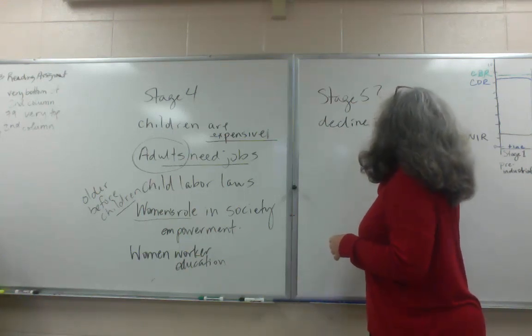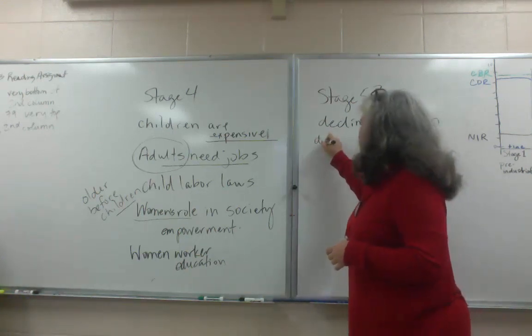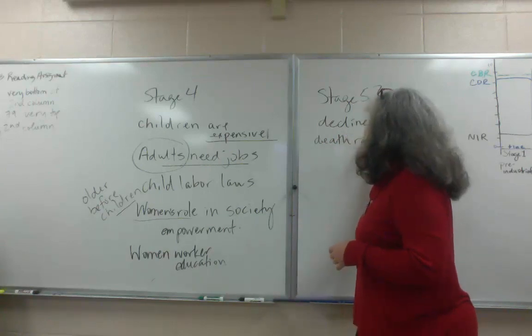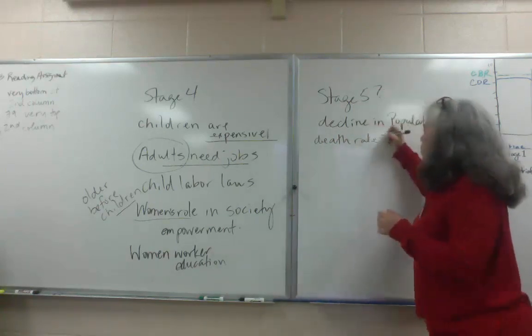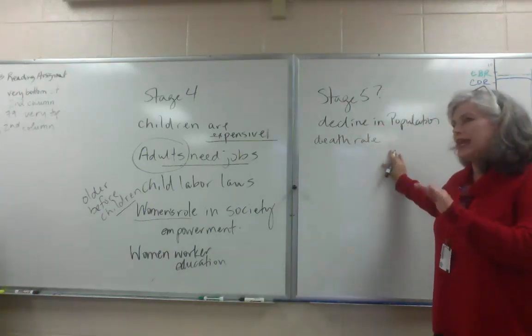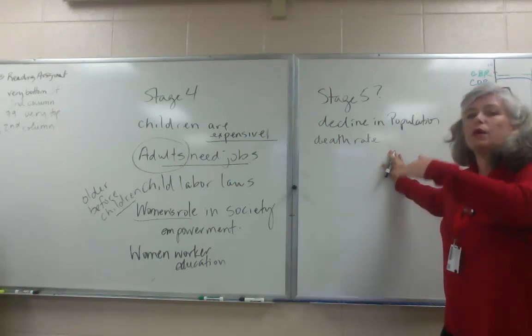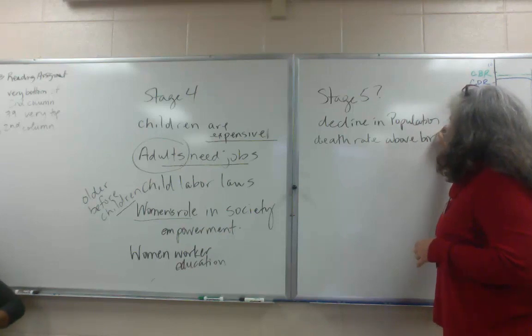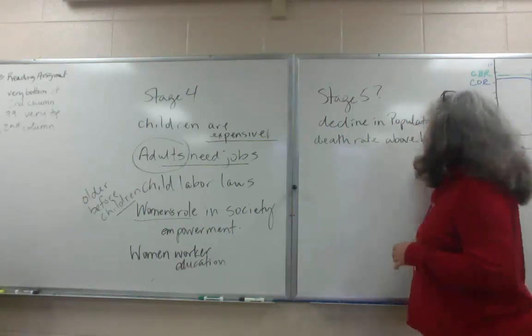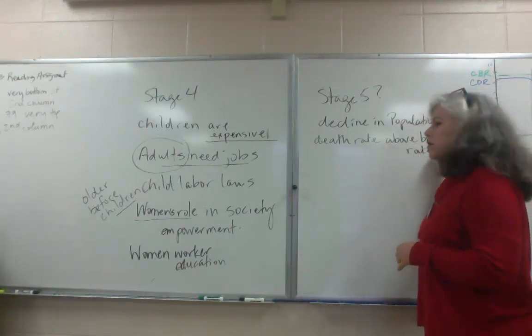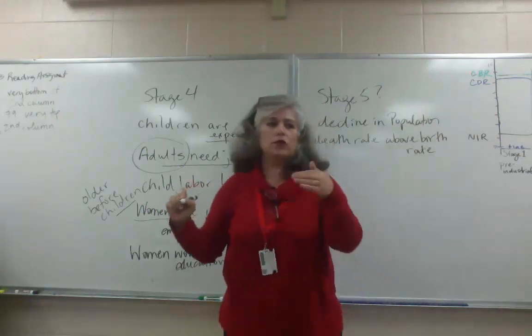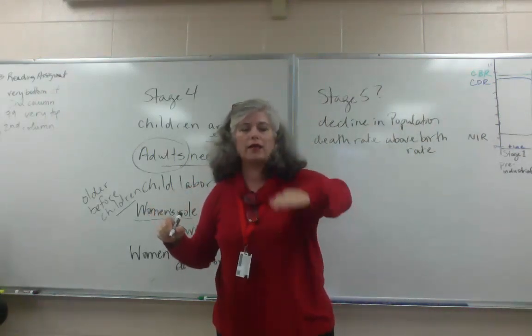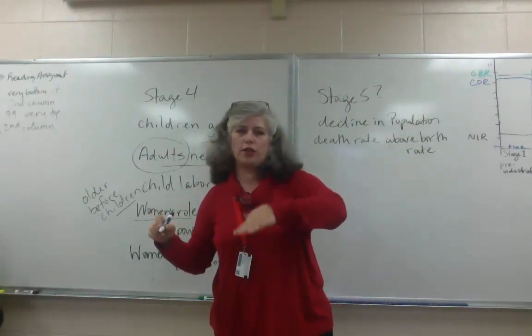In overall numbers of population decline, the death rate is above the birth rate. So what happens if the death rate is above the birth rate? Population declines. More people are dying than are being put back into society, so over time population declines.